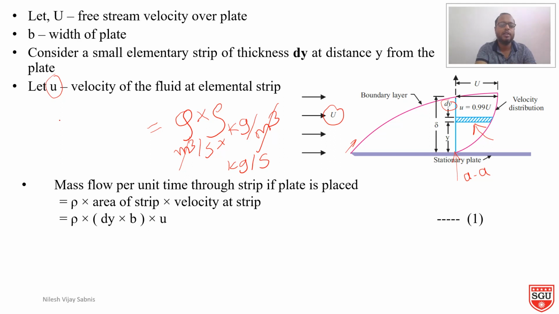To measure the discharge, we should know Q is equal to area into velocity. So considering this, rho is the density, area of strip multiplied by velocity at the strip. The area of strip: dy is the thickness, and inside the board we will have the width b.